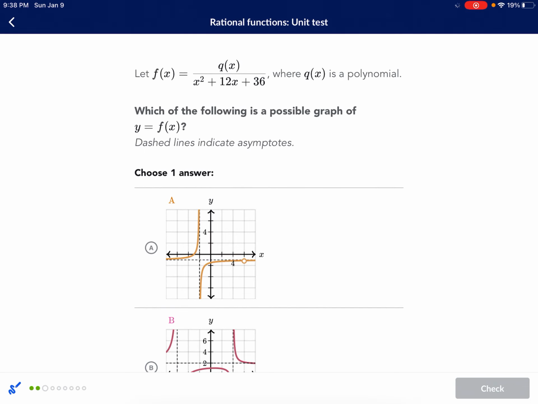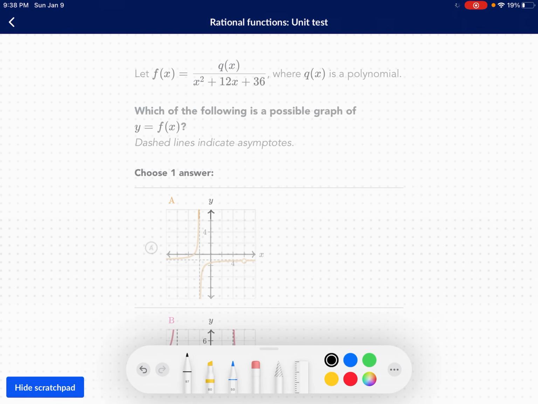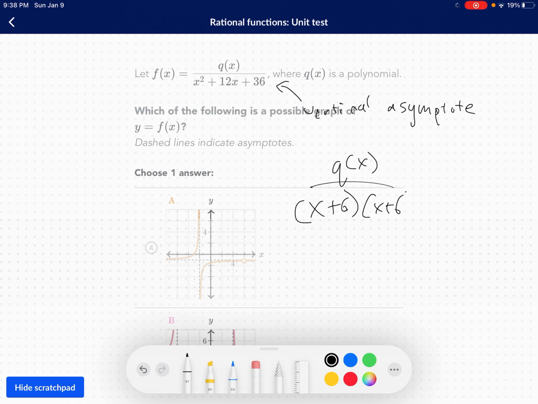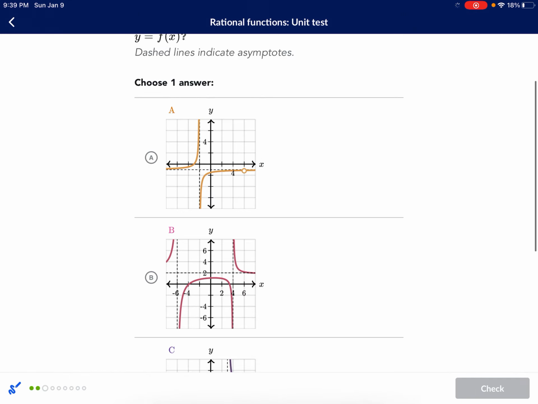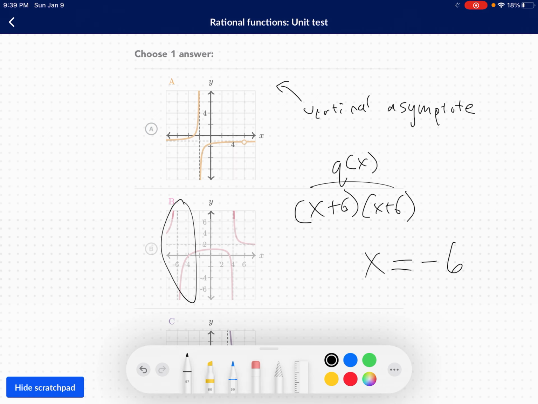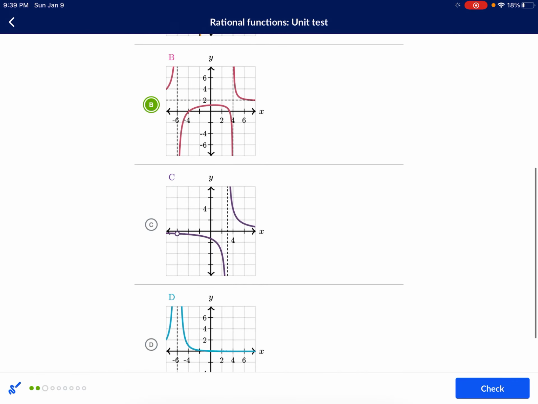Okay, so x squared plus 12x. Since I only see a value in the denominator, it can only be a vertical asymptote. So I'll factor this. X plus 6. So it can be a vertical asymptote of negative 6, or it can be a removable discontinuity. So x negative 6, this looks good. It's B so far.